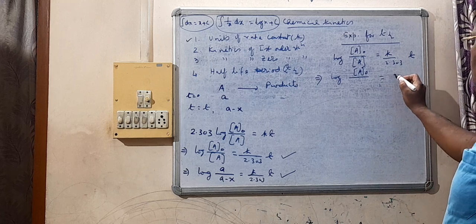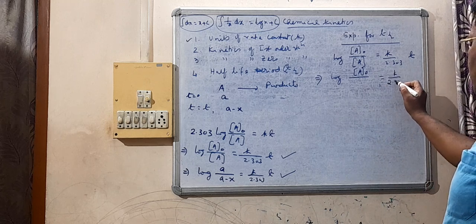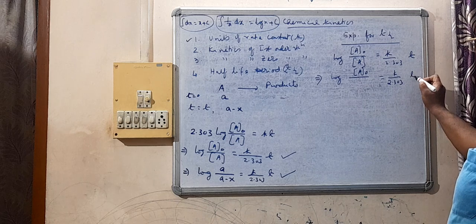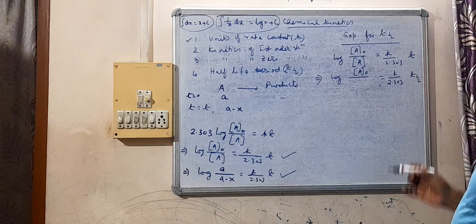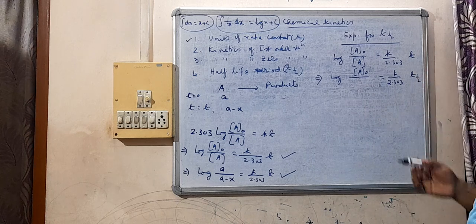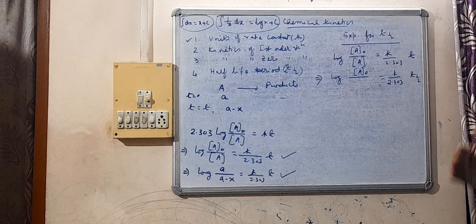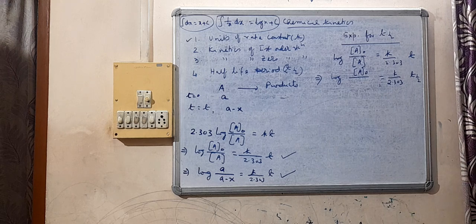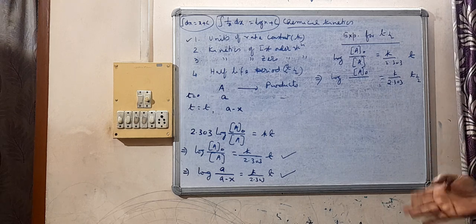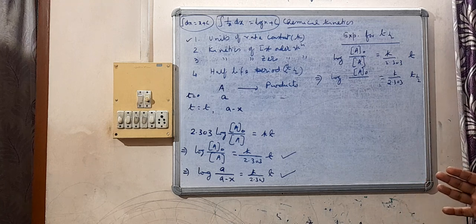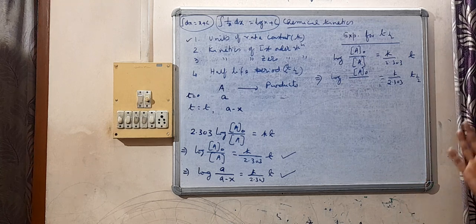So this we have, and now applying half-life period, suppose T half. We know that in half-life period, half of the amount of reactant disappears and half will be left behind. Half will react and half will remain.